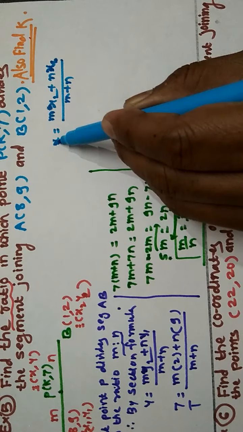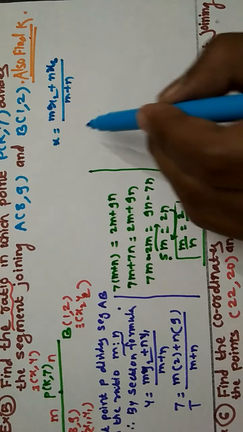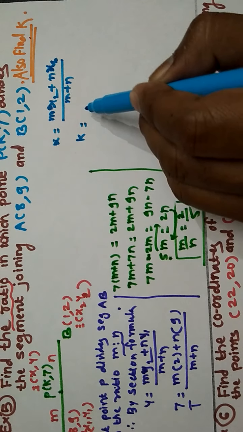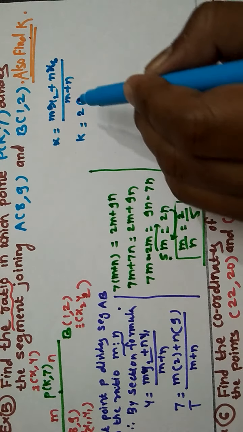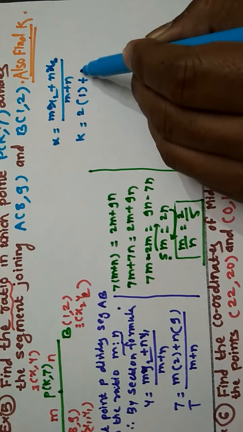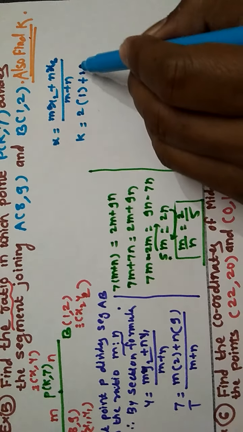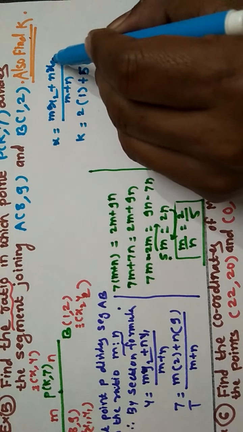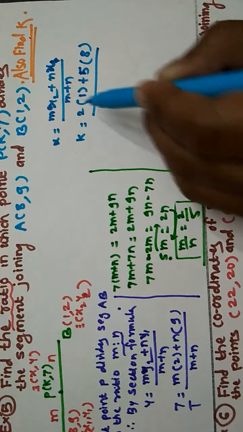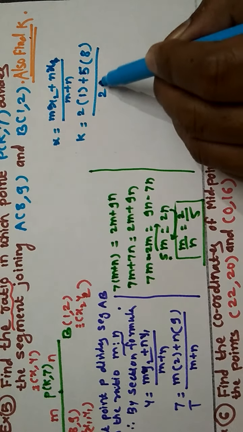Now substitute the values: x means k is equal to, m means 2 into x2 means 1 plus n means 5 into x1 means 8, divided by m plus n means 2 plus 5.